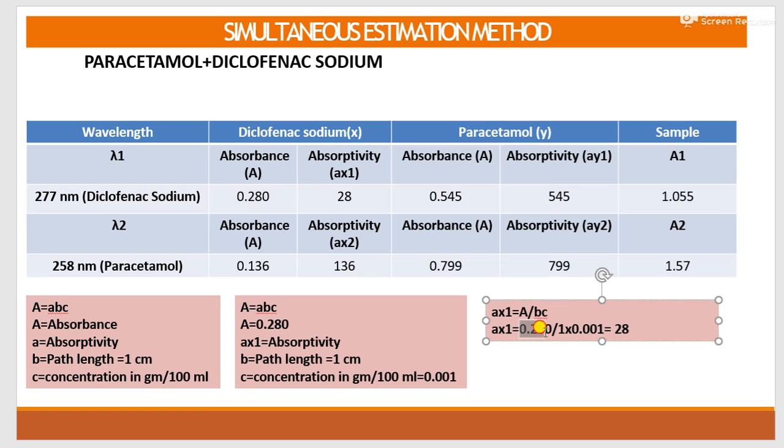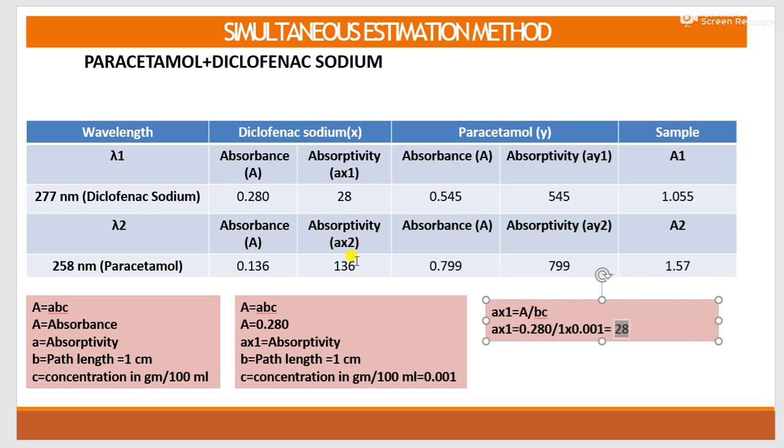A is our absorbance 0.280, upon 1 as the path length, and the concentration of diclofenac sodium, which was 10 ppm. This 10 ppm we have to convert into gram per 100 ml. This is very important: to calculate absorptivity, the concentration should be expressed in gram per 100 ml. So the absorptivity will be 28.